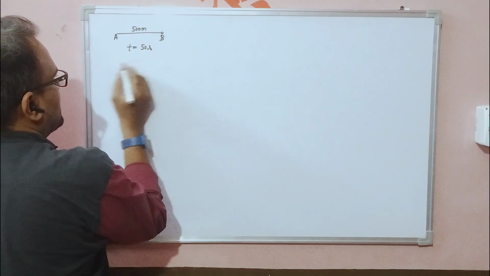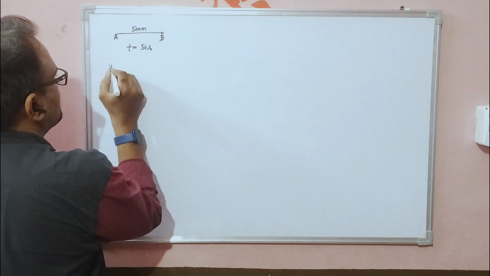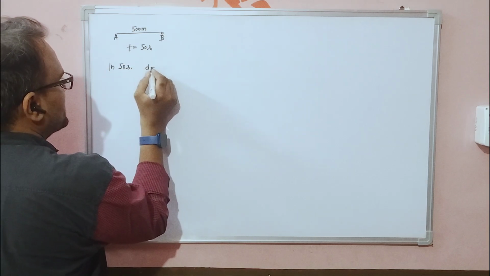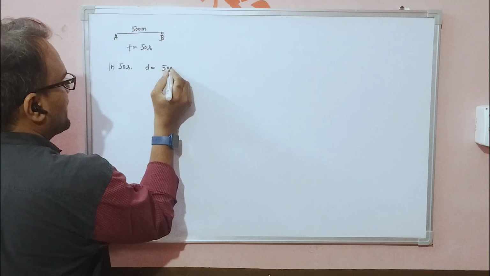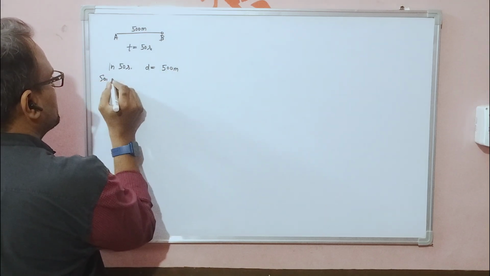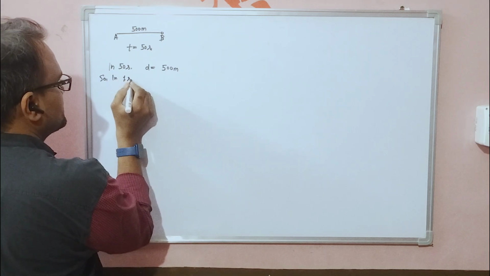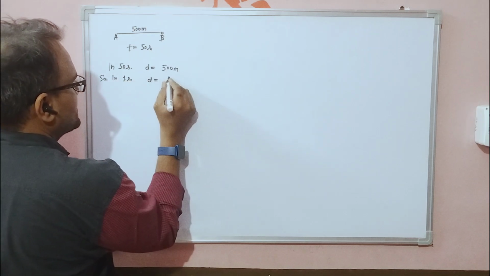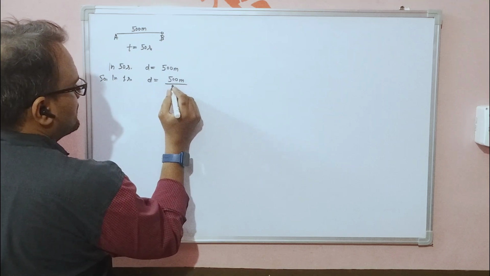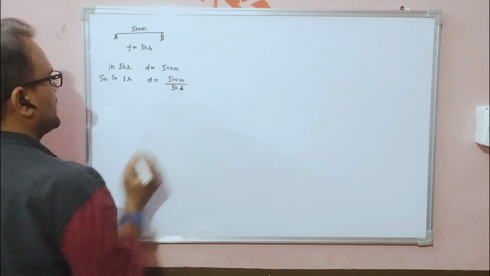So for this I can say, in 50 seconds distance traveled is 500 meter. So in 1 second distance traveled is 500 meter upon 50 second, right?